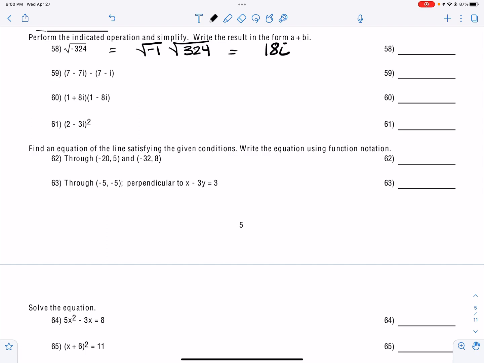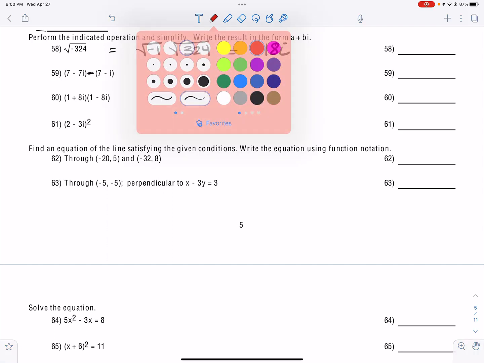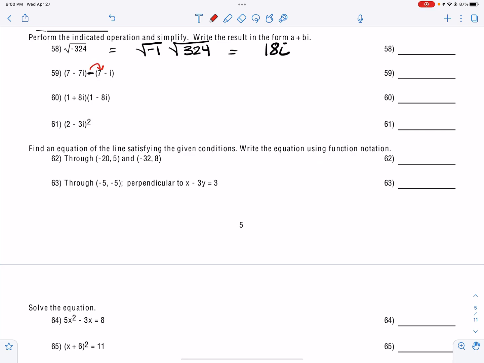Now watch on these next ones, because a lot of you, when you saw a subtraction sign, you were actually multiplying. So notice that this right here is a subtraction, and you are subtracting 7 and you are subtracting -i. So I'm going to write that out. 7 minus 7i minus 7 plus i, because minus a negative makes it positive.